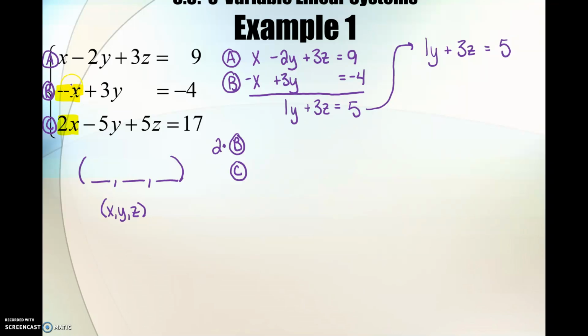So 2 times negative x would be negative 2x. 2 times 3y would be positive 6y. 2 times nothing is nothing. Leave a space. 2 times negative 4 is negative 8. Equation C, we're not doing anything to, so I'm going to write that down exactly as it is over on the left.